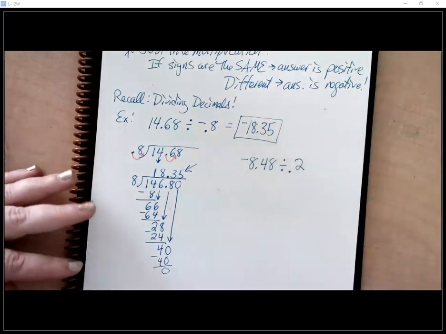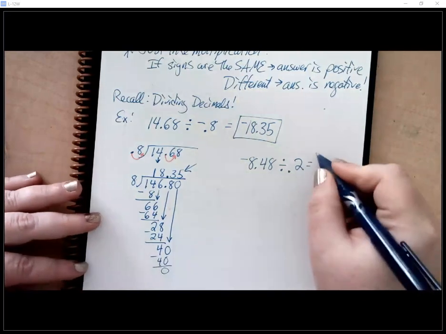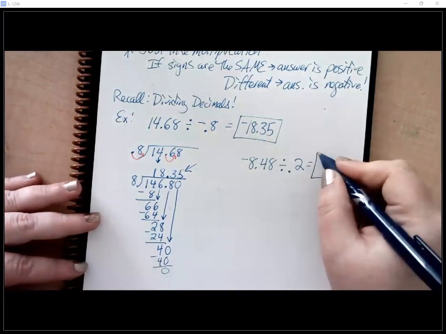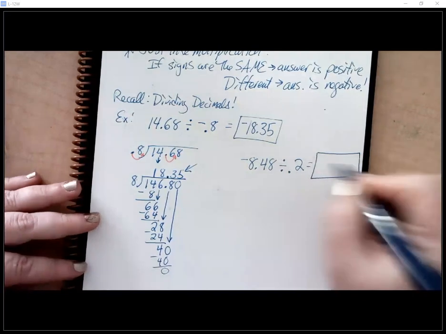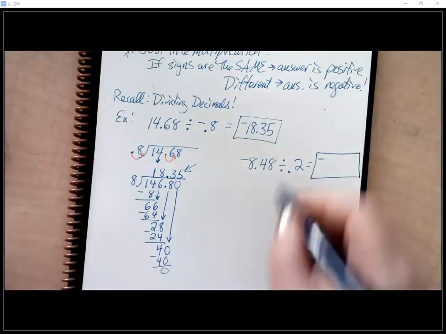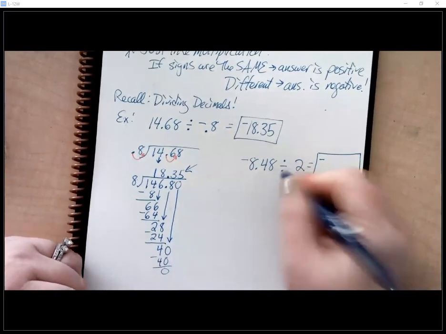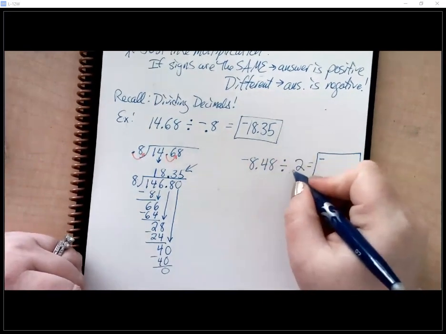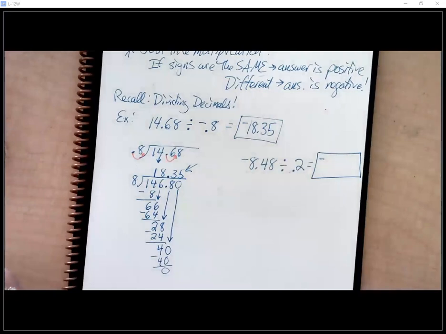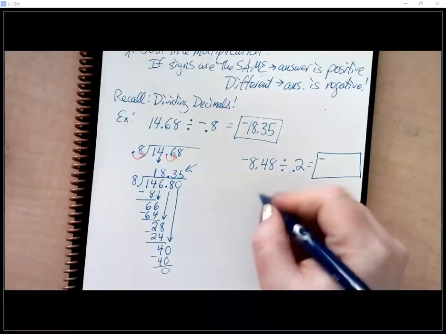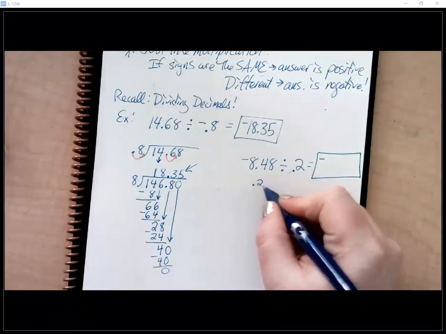So you might want to figure out the sign first. What would the sign have to be? Negative again. And that's a 0.2. So let me make it more clear. So you might start out with the 0.2 and then the 8.48.